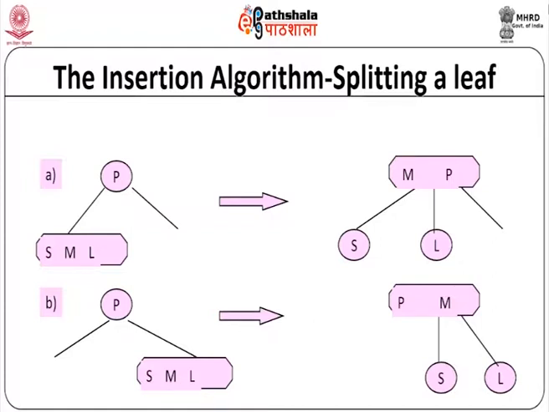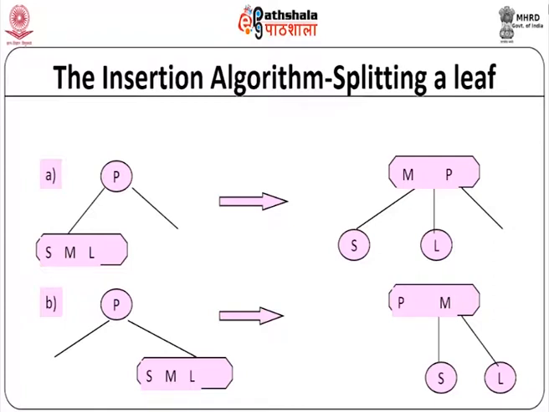So, the first question is, you have S, M, L, that is you have got 3 items after the insertion, and this SML is to the left of the parent and the parent has only 2 children. Then what you do, you just take S on one side, L on one side, and whatever child it had previously remains there, and M goes up.